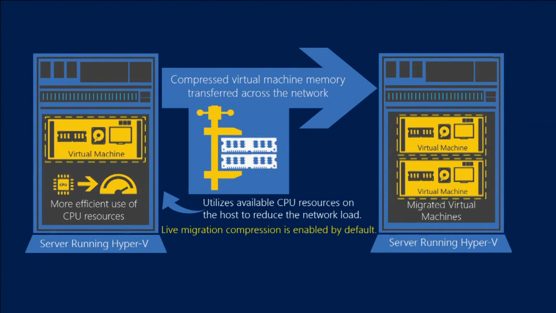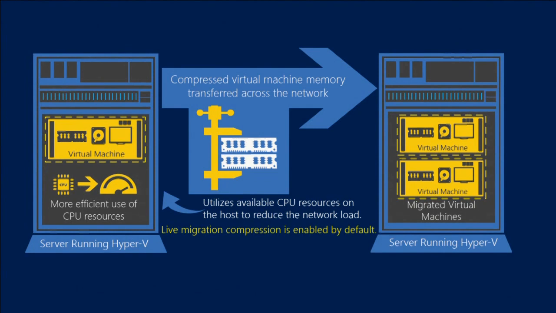We actually actively monitor the entire load on a Hyper-V server while we're doing a live migration. We monitor the CPU usage of all the virtual machines, of the hypervisor, and of the parent partition. And we dynamically adjust how much compression we're doing in reaction to what's happening in the workload.